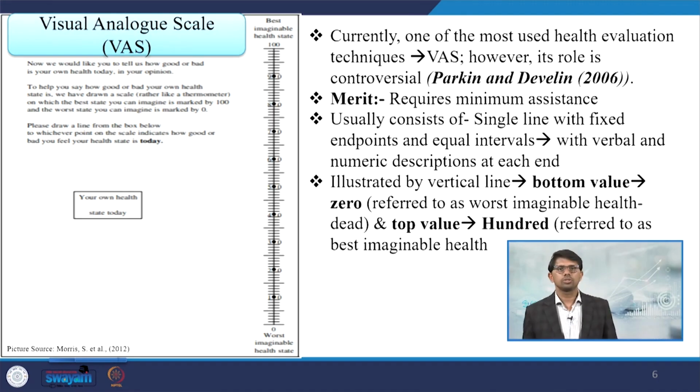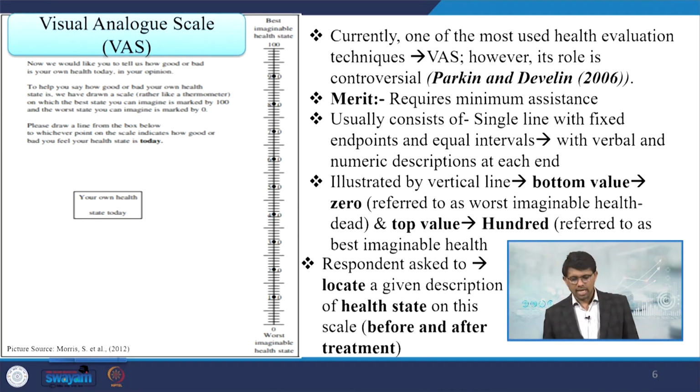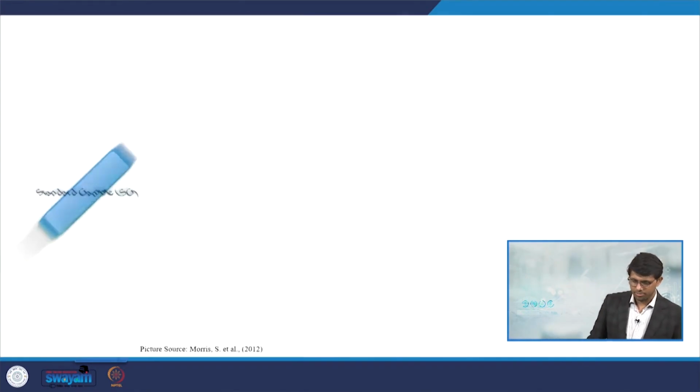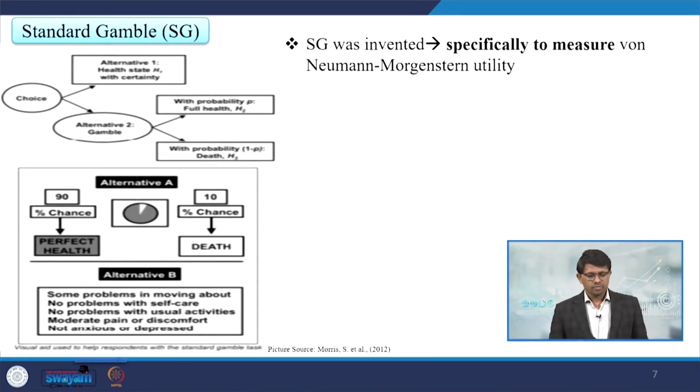So, the bottom of course refers to the worst case of health, that is dead, and the top one is the best health. Okay. So, the respondent is asked to locate a given description of a health state on this scale before as well as after treatment.